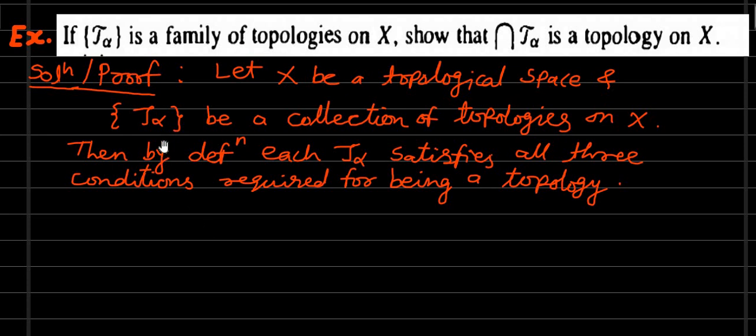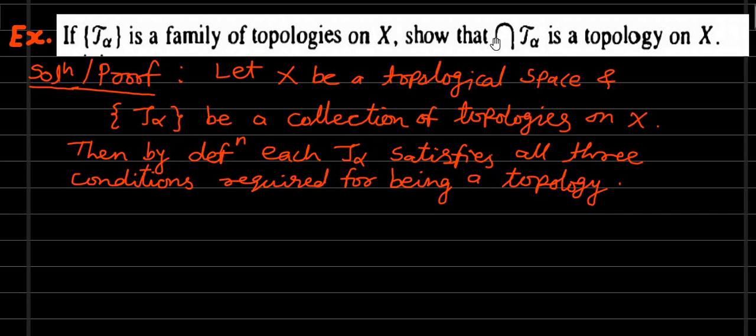So, as we have supposed that {T_alpha} is a collection of topologies on X, each member of this family is a topology on X, and therefore by definition each T_alpha satisfies all three conditions required for being a topology.